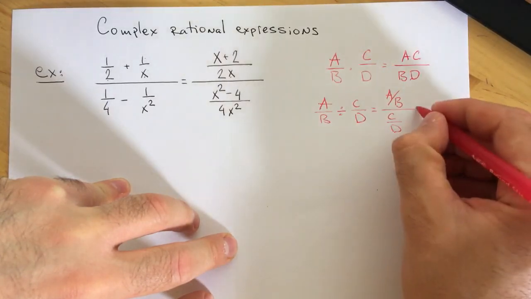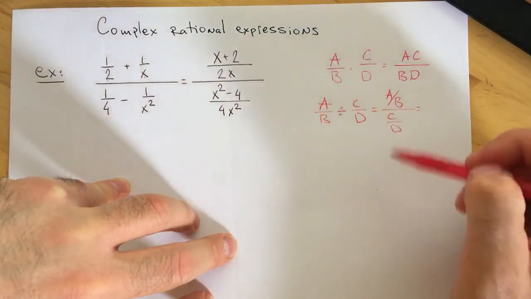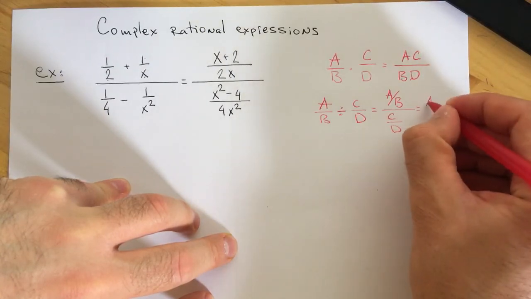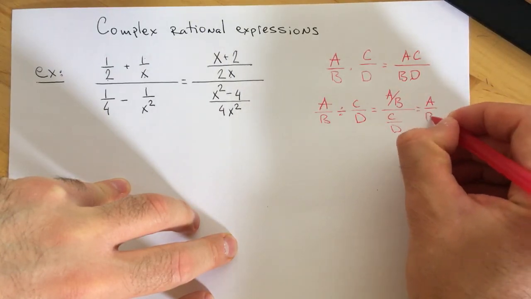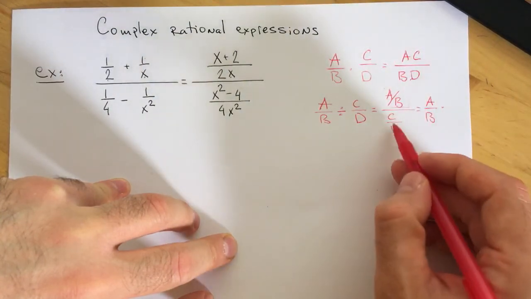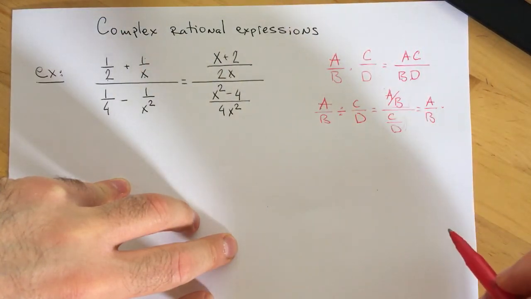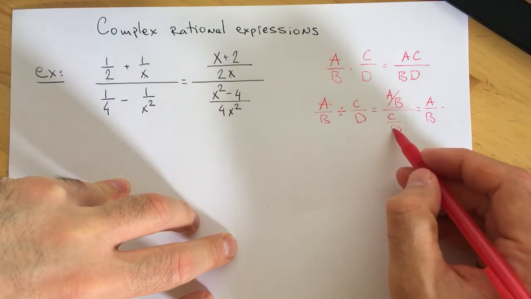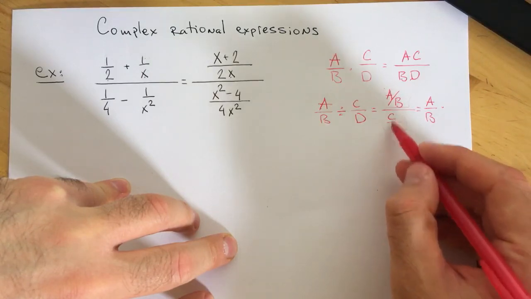And by definition, how do we divide two fractions? I multiply the fraction in the numerator, a over b, by the reciprocal of the fraction in the denominator.